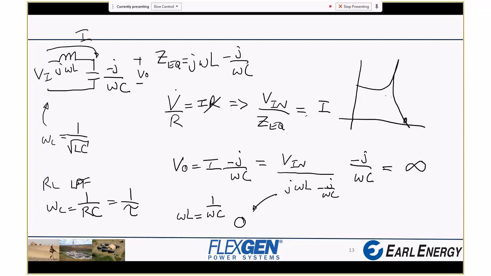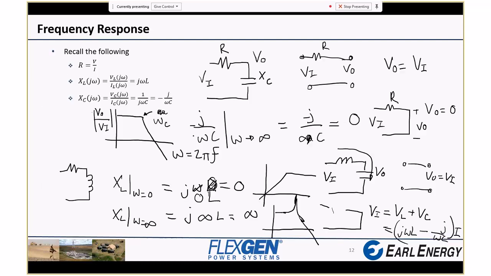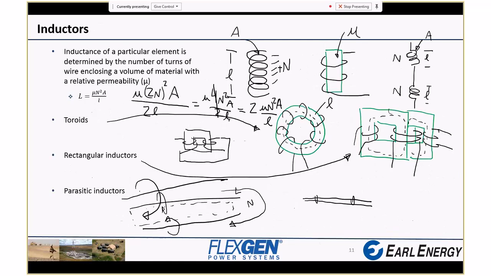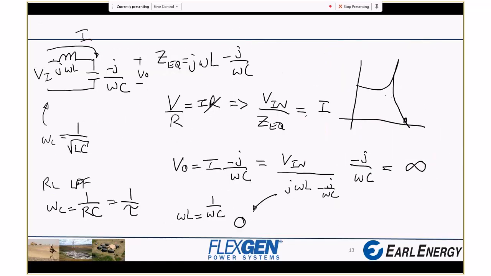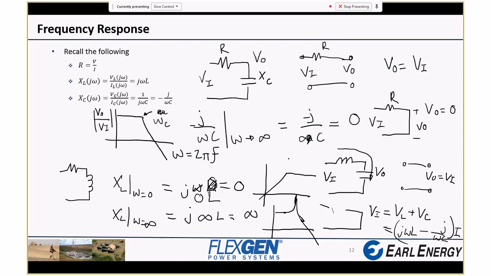One of the reasons you would use an LC filter: if you do an RC filter, you always have to pass current through this R and generate losses. So we went to the LC filter to avoid those losses. The LC filter introduced resonance, which is a problem. You can use it to your advantage, but it is a problem that the RC low-pass filter doesn't have. You don't have any of that nonsense.